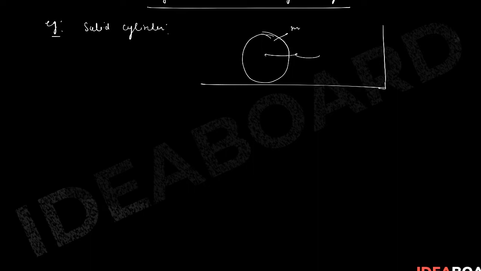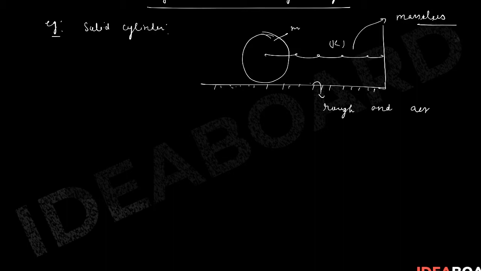It is connected with a spring which is massless, okay, and spring constant or stiffness is k, okay, and here this surface is rough, and assume enough friction is available.